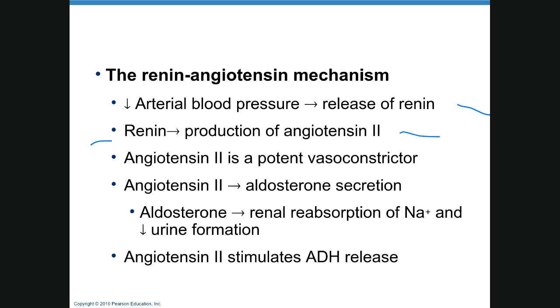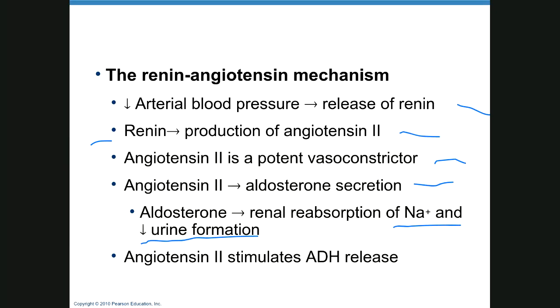Angiotensin does several things. It's a vasoconstrictor, so it directly constricts the vessels and causes the blood pressure to go up. It also causes aldosterone to be released. Aldosterone causes increased resorption of sodium and water, and therefore decreased urine formation.